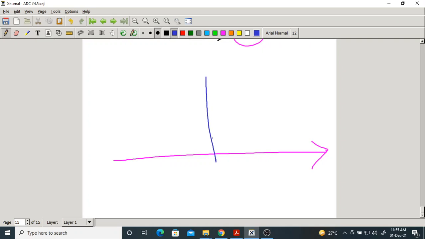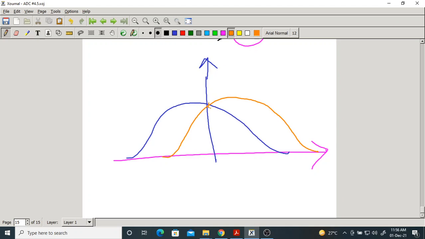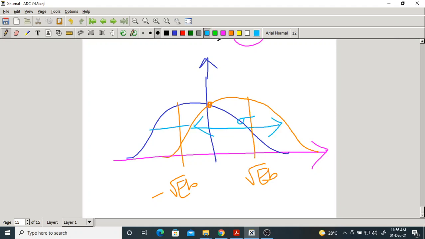No change. So the two PDFs have means, let me draw a little bit clearer like this. Obviously one mean is root EB, the other mean is minus root EB. The only difference is these variances. So the graph that we drew for BPSK is still valid for BFSK. The variance is nothing but an indication of stretch.